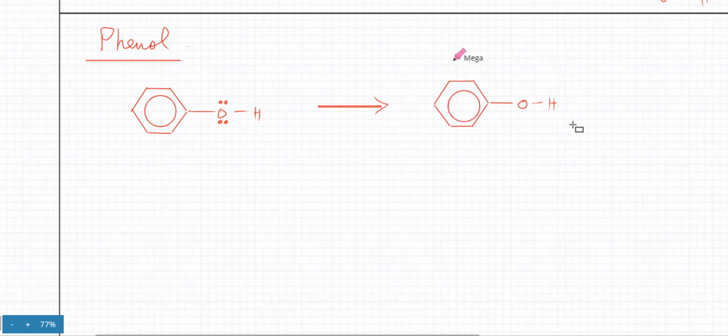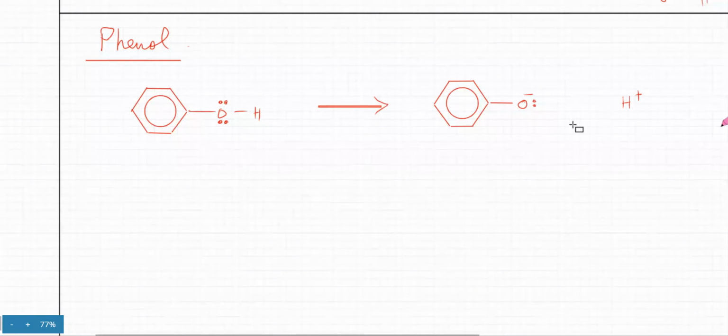So there's this OH and the H has broken away. What happens to the negative charge?